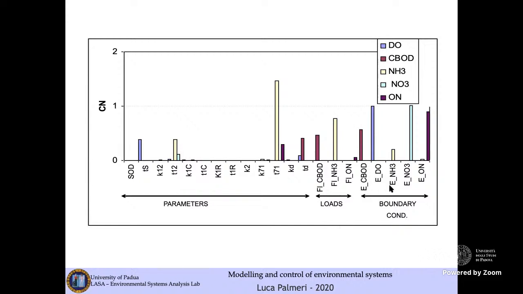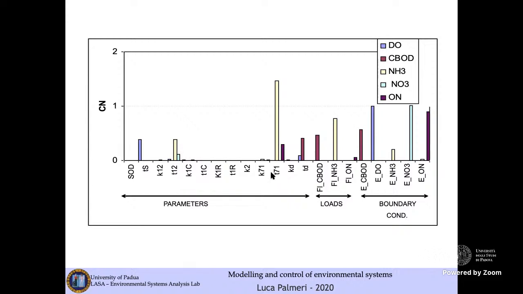And also we have made a sensitivity analysis of a boundary condition. The variables are dissolved oxygen, CBOD, ammonia, nitrate and organic nitrogen. So 1, 2, 3, 4, 5 state variables, and by this analysis you discover immediately that, for example, the NH3 state variable is dramatically sensitive to the T71 parameter.